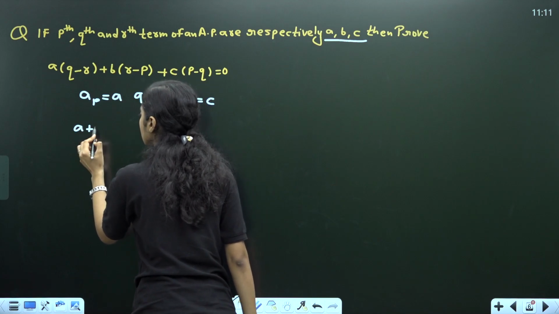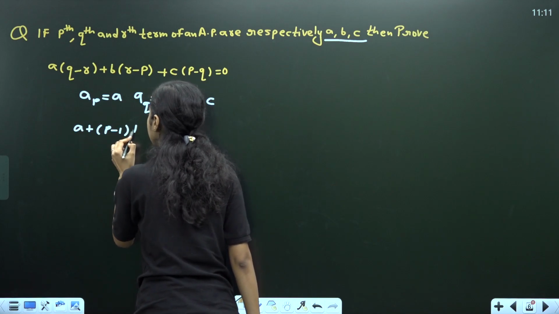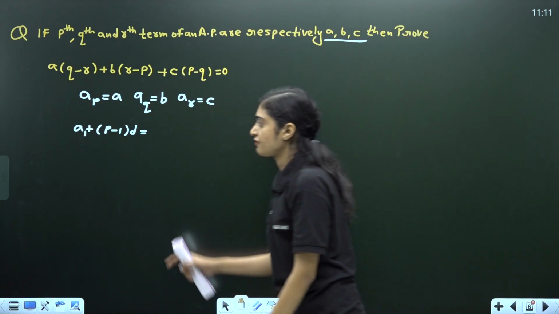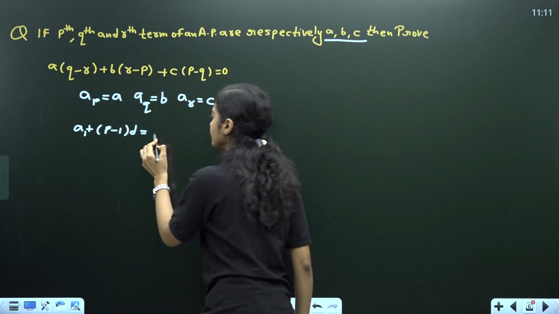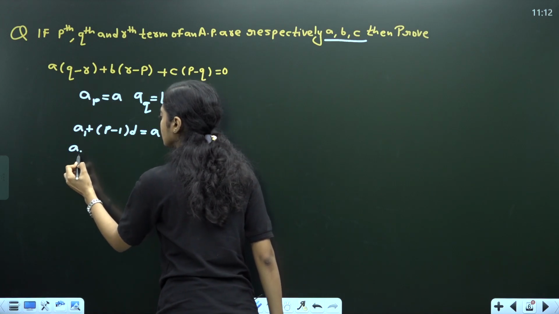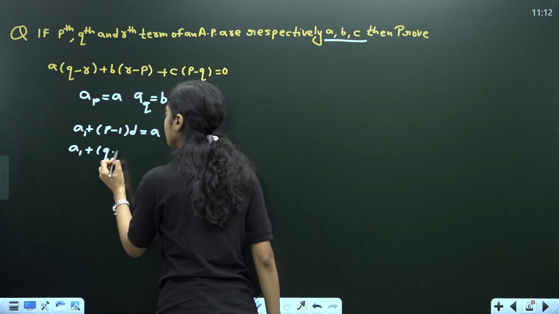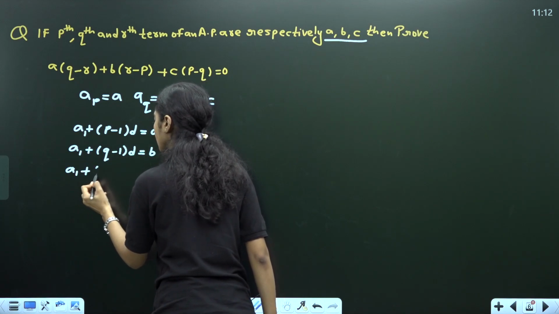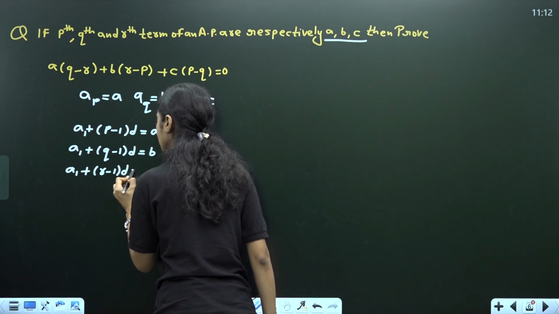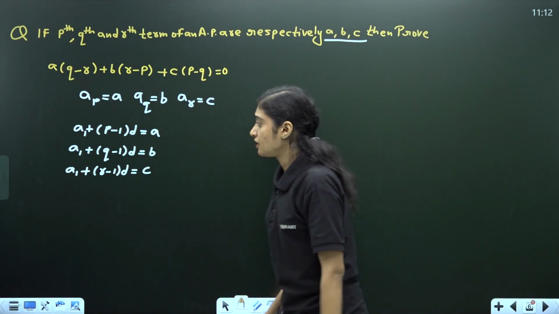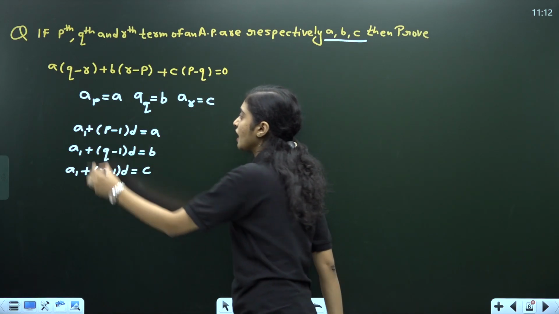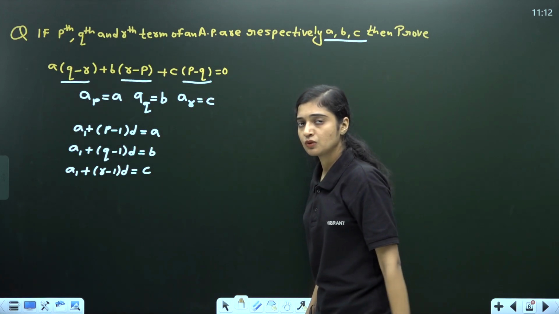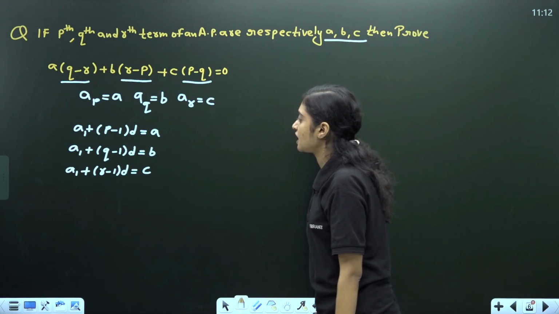A plus (p minus 1) d equals a. Let us write the first term as a1 because the letter a is already used. a1 plus (q minus 1) d equals b and a1 plus (r minus 1) d equals c. We want to find the value of q minus r and p minus q to satisfy the given relation.